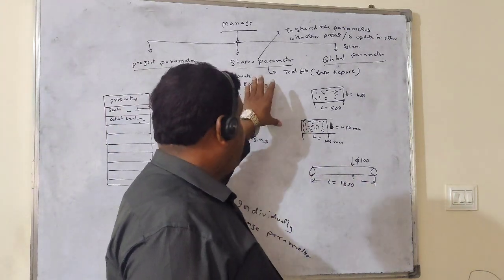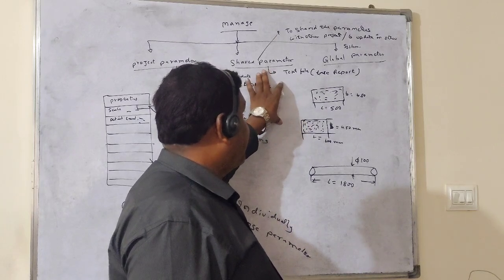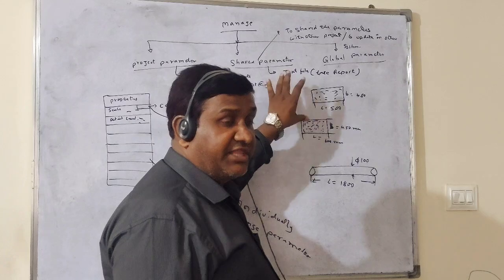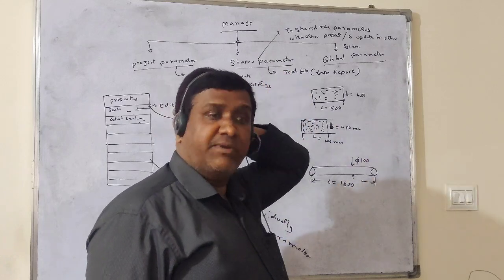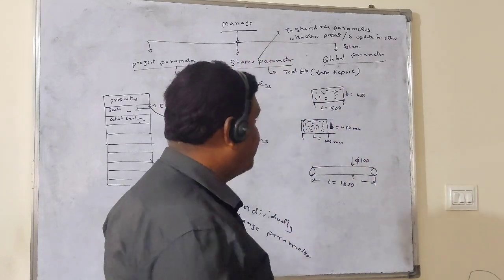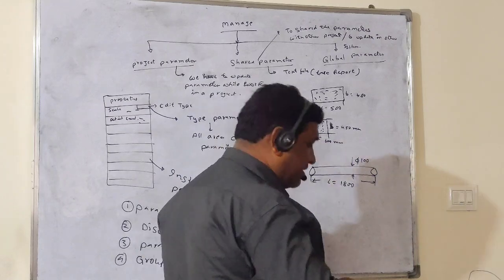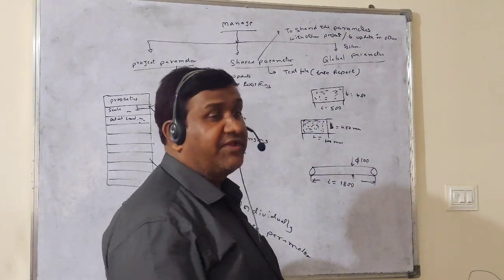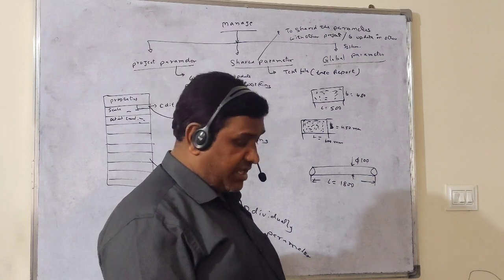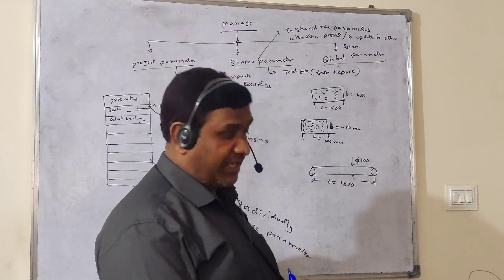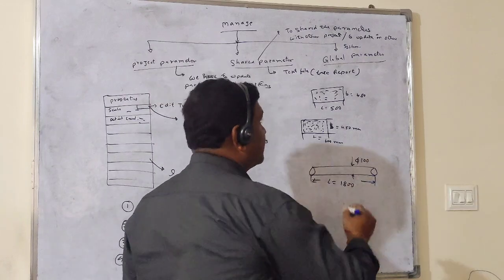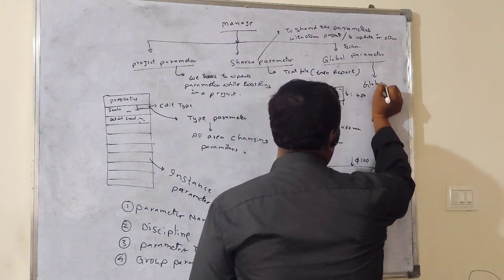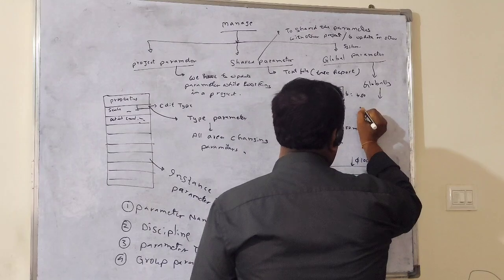So when you create individual parameters for one project, we call them project parameters, but when you share the parameters, we call them shared parameters. And global parameters are also totally different. With global parameters, we can update parameters globally, along with the shared parameters and project parameters, with the help of formulas.